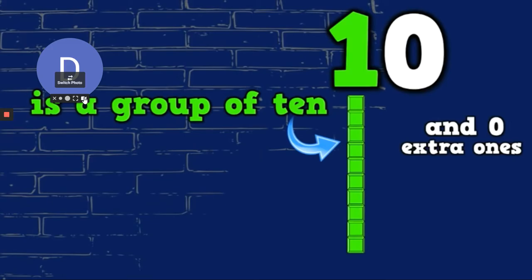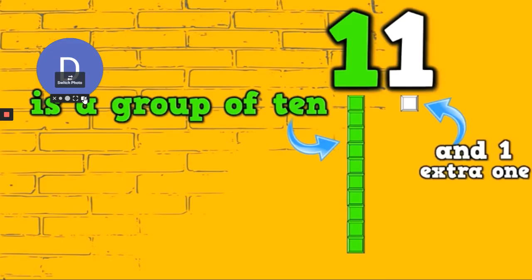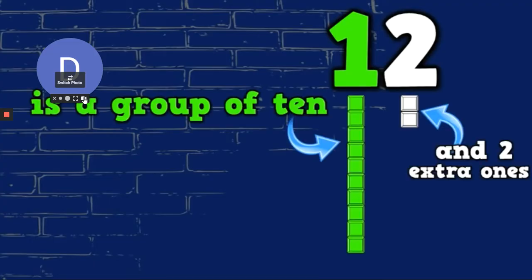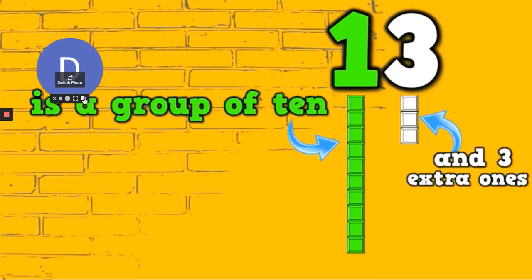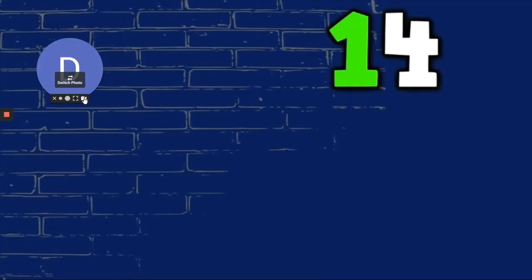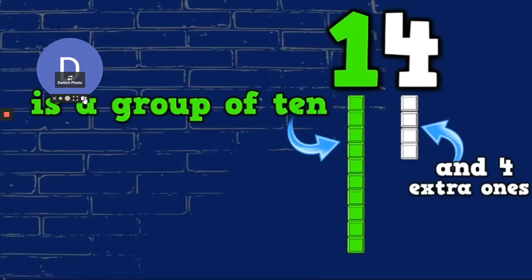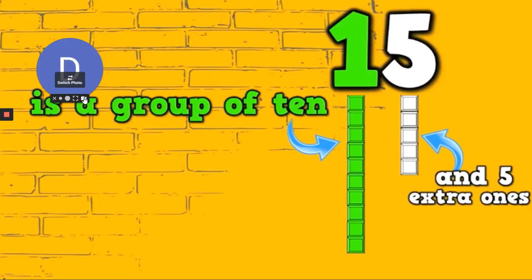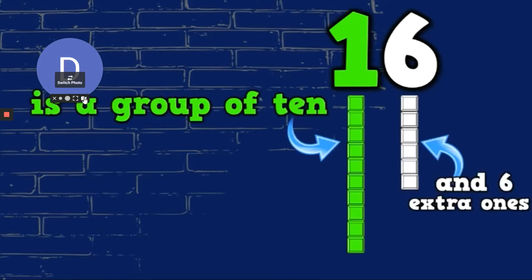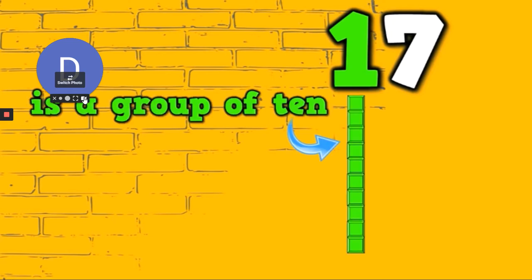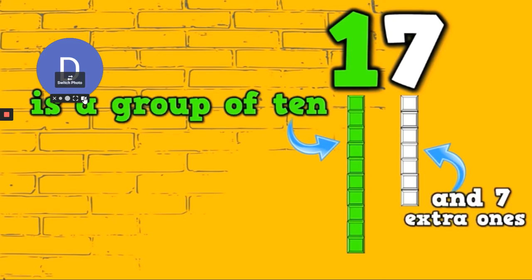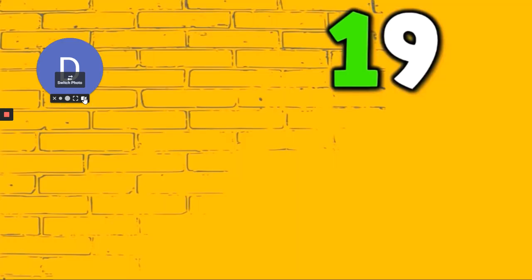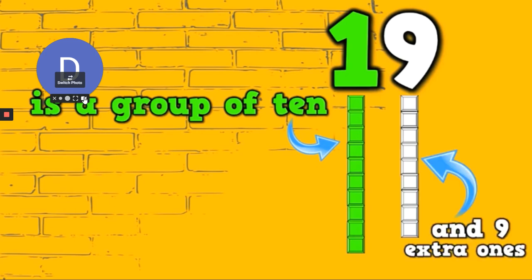And extra 1s. 11 is a group of 10 and 1 extra 1. 12 is a group of 10 and 2 extra 1s. 13 is a group of 10 and 3 extra 1s. 14 is a group of 10 and 4 extra 1s. 15 is a group of 10 and 5 extra 1s. 16 is a group of 10 and 6 extra 1s. 17 is a group of 10 and 7 extra 1s. 18 is a group of 10 and 8 extra 1s. 19 is a group of 10 and 9 extra 1s.